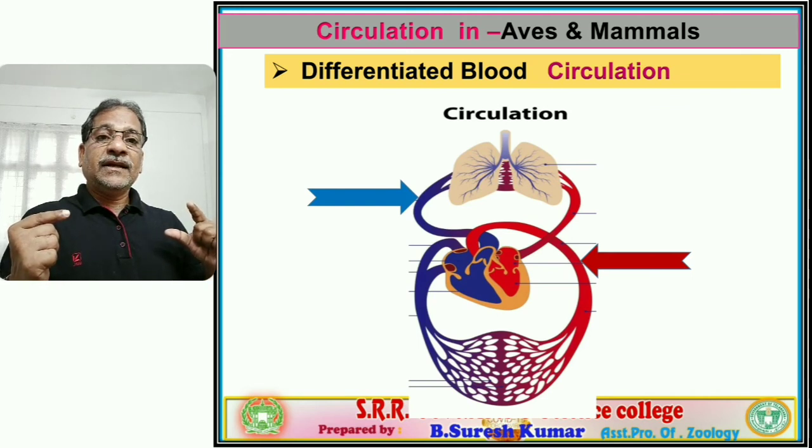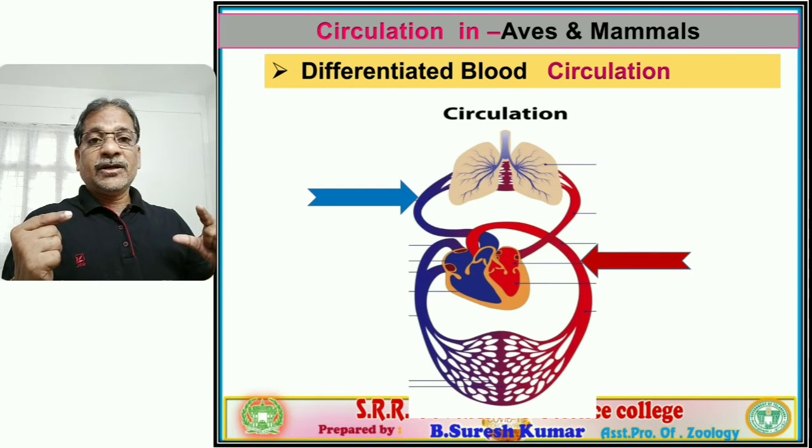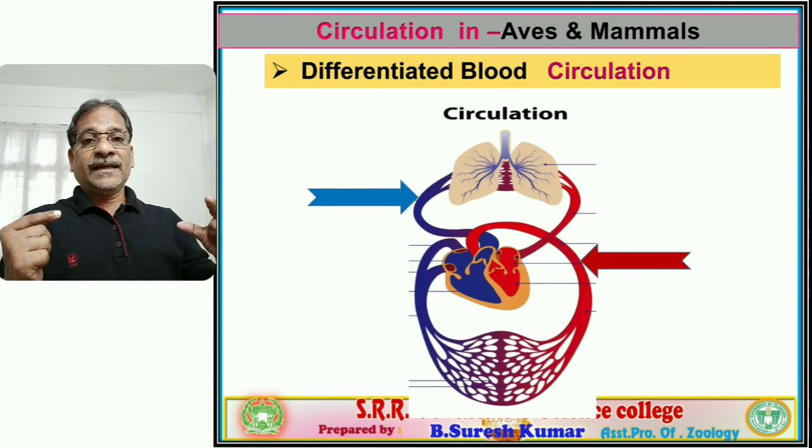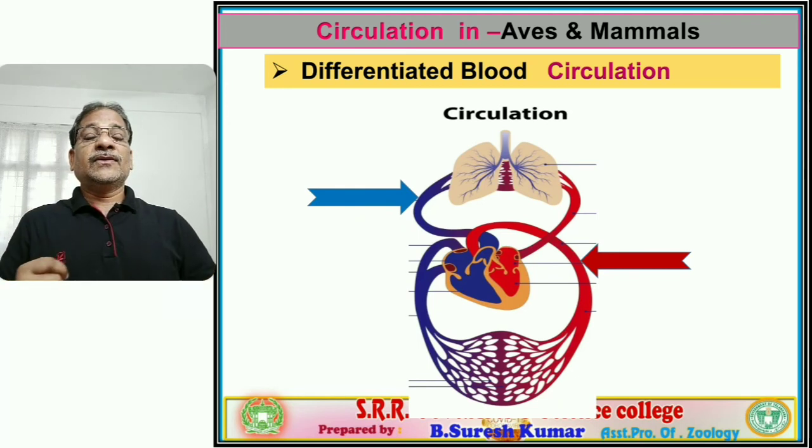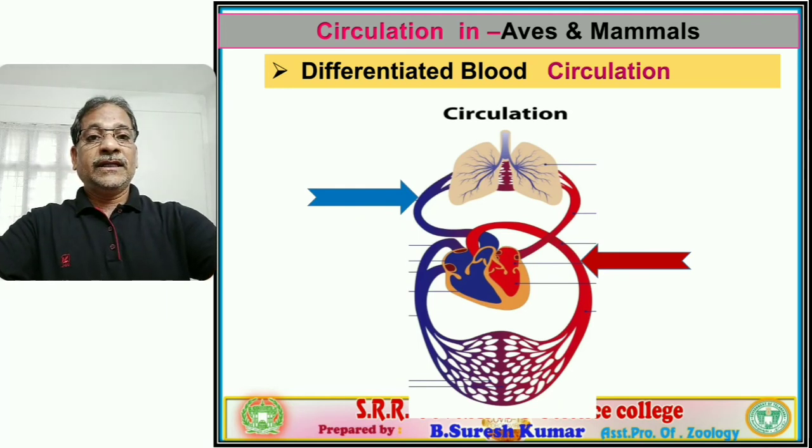It pumps the blood from the heart to the lungs. For what purpose? Oxygenation purpose. Follow? So the heart pumps the blood in two different tracks, hence it is called double circulation.